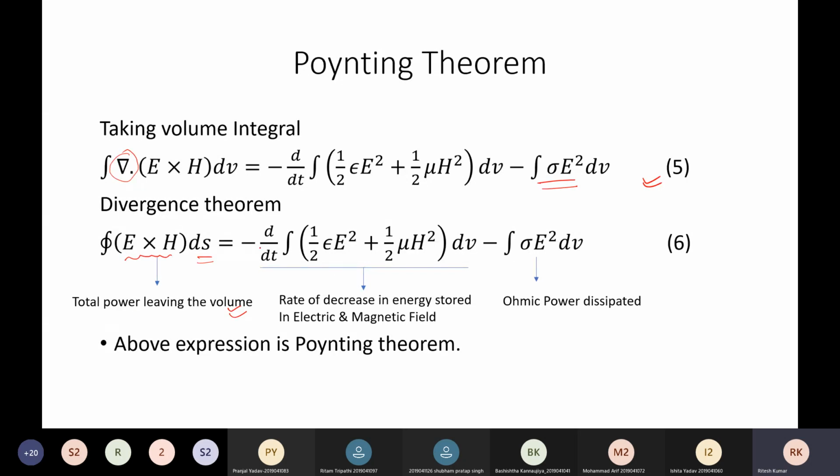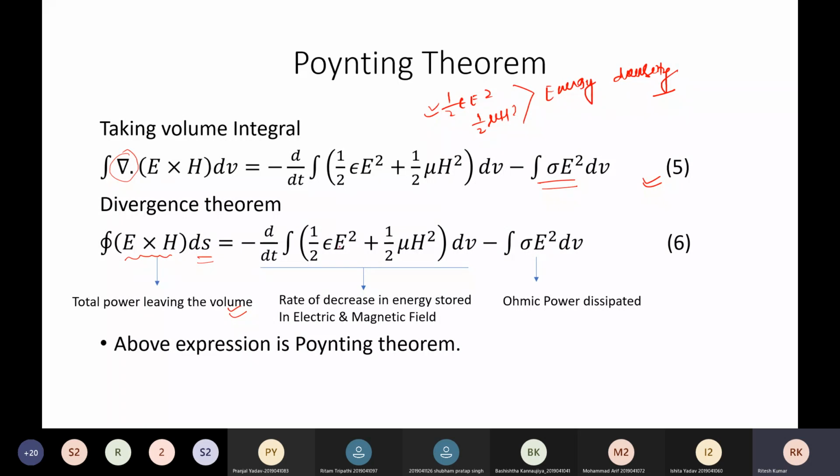This negative sign shows the rate of decrease in energy stored in electric and magnetic field, because half epsilon E square and half mu H square represent the energy density. This term is the electric field energy density, and this term is the magnetic field energy density.